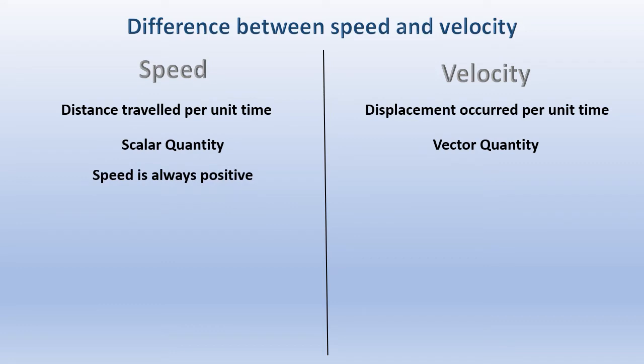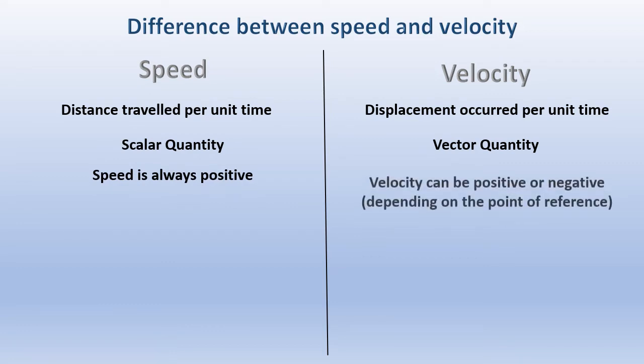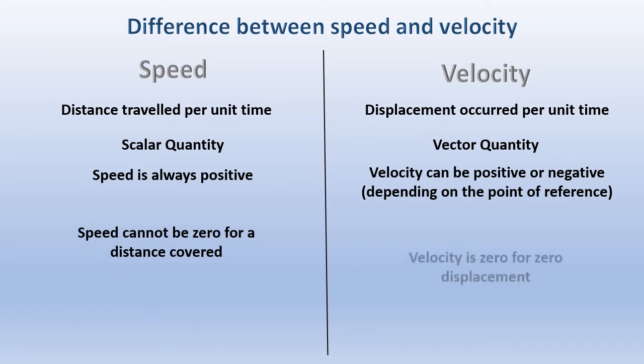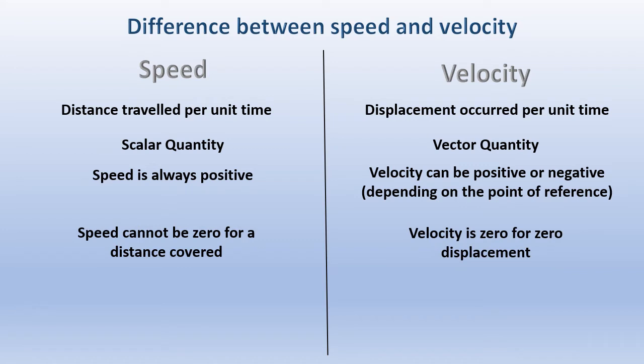Speed is always positive. Velocity can be positive or negative depending on the point of reference. Speed cannot be zero for a distance covered. Velocity is zero for zero displacement. The unit of speed is meters per second. The unit of velocity is meters per second.